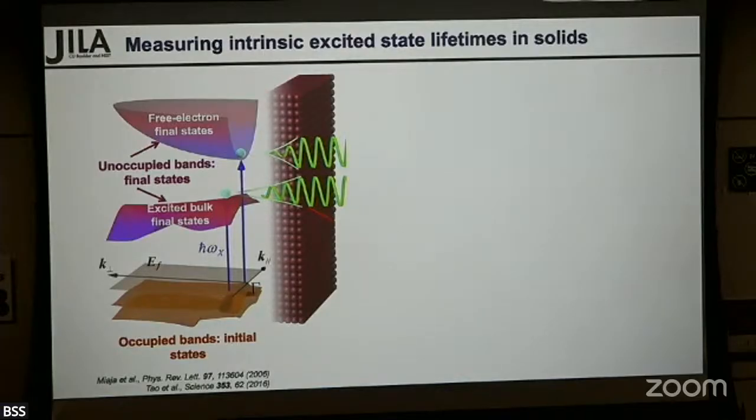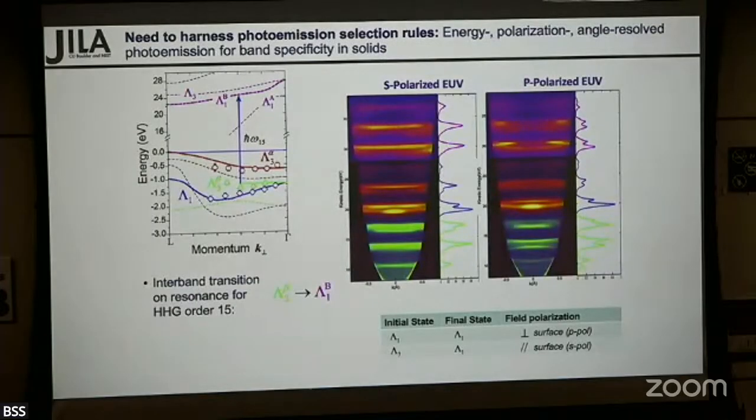So everyone okay so far? Good. And like we talked about before, we want to be able to look at certain transitions. We knew this was the excited state we were trying to reach. And we knew that the transition probability was different for S and P polarization.